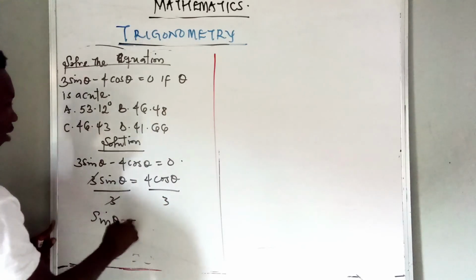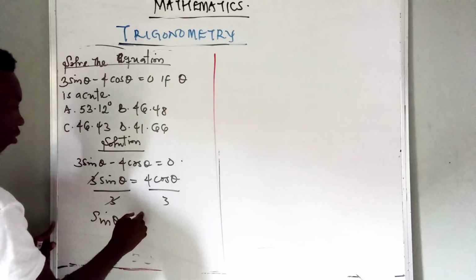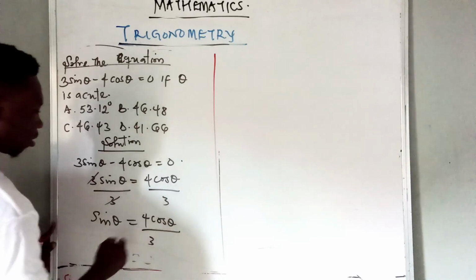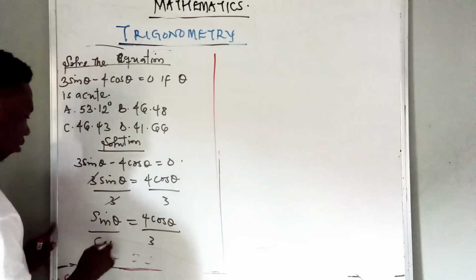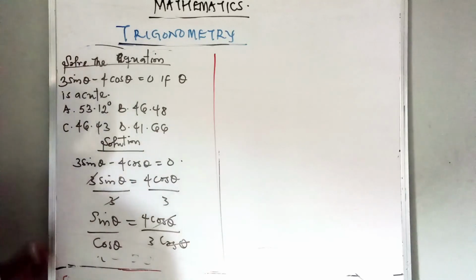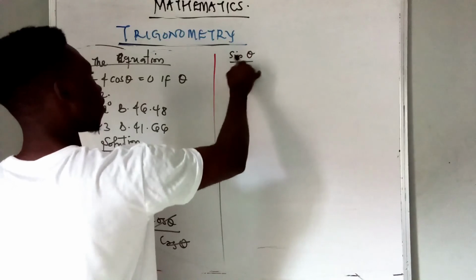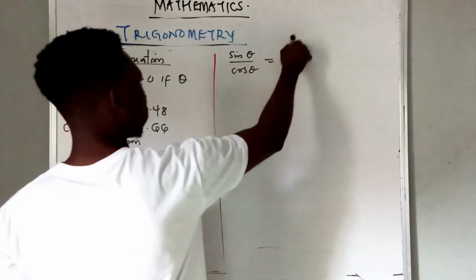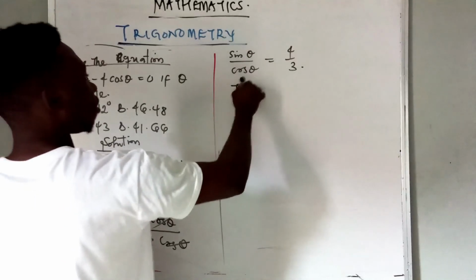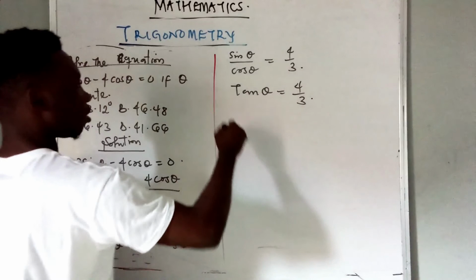Now sine theta here is equal to 4 cos theta over 3. Now let's divide both sides by cos theta. So cos theta cancels cos theta. Now I'm left with sine theta over cos theta is equal to 4 over 3. Sine theta over cos theta will give us the relation tan theta is equal to 4 over 3.